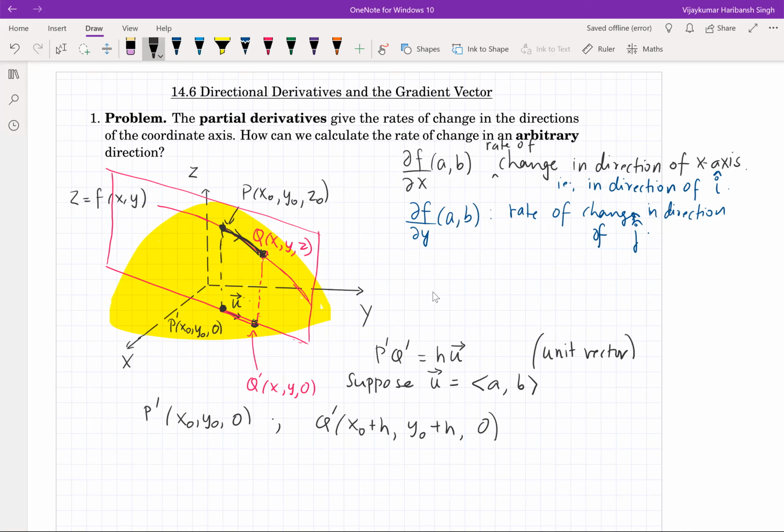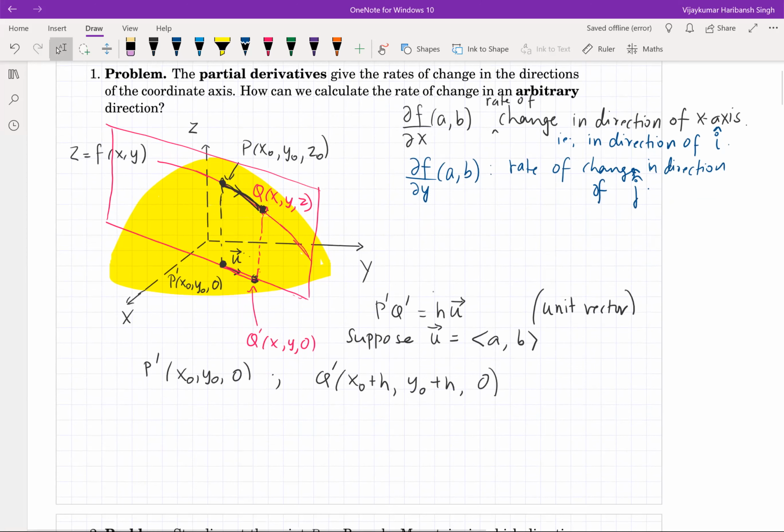And correspondingly on this curve, we'll get the change in z, delta z. How much did it change? It will change from this point P to Q. Sorry, it should be ha, right? Because what I have is hu, so hu is h times a, h times b.